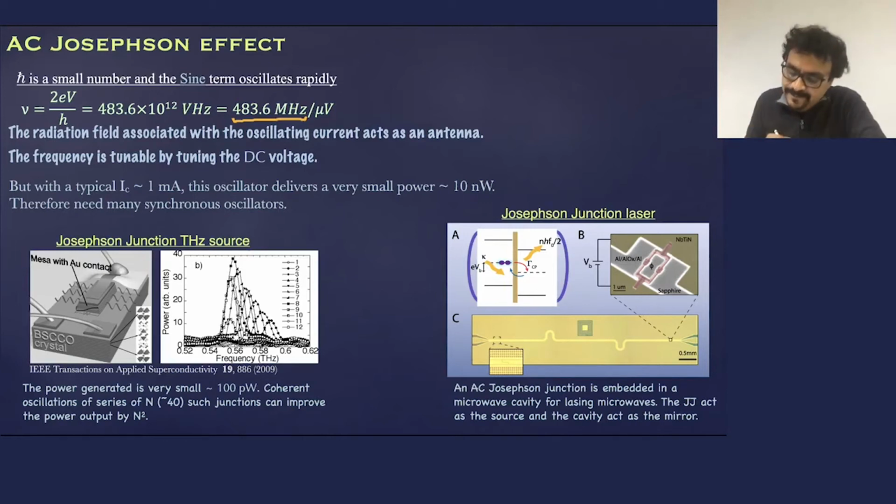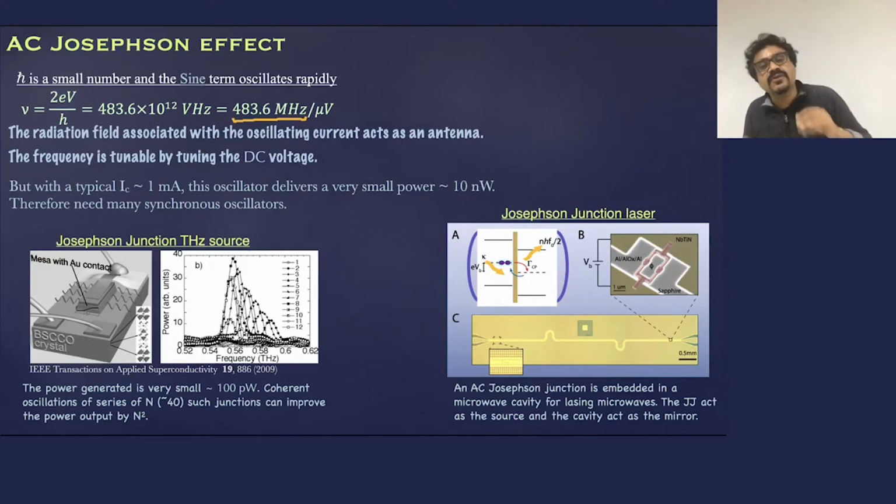But there is a small catch here. The catch is the typical current should be of the order of IC or lower. IC is the critical current. So if you run a current which is above the critical current, there will not be any Josephson effect, because there will not be any superconductivity either.